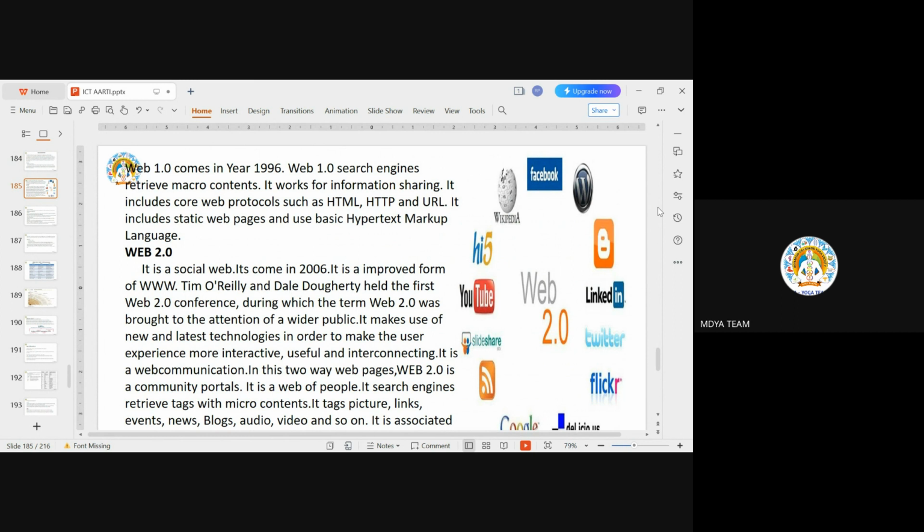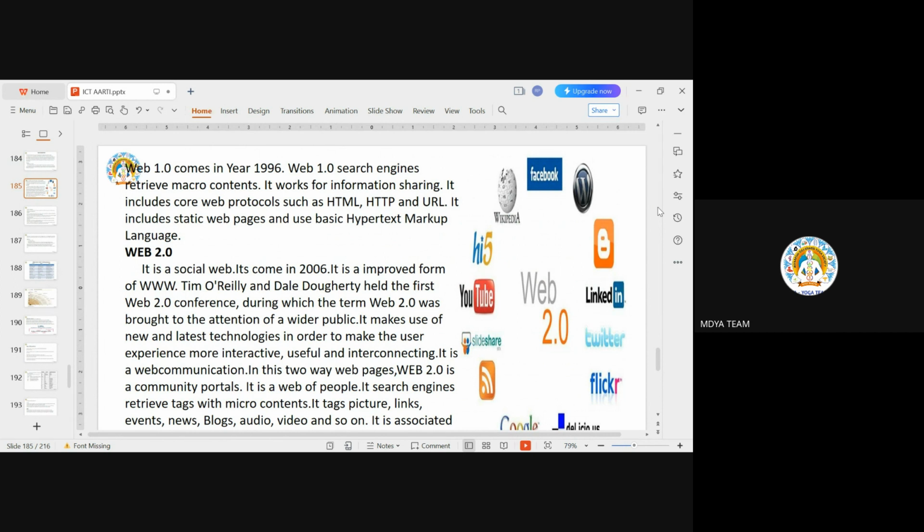Who defined Web 2.0? Web 1.0 was defined by Tim Berners-Lee, and Web 2.0 was defined by Tim O'Reilly and Dale Dougherty, in 2006. It makes use of new and latest technologies in order to make the user experience more interactive, useful, and interconnecting.